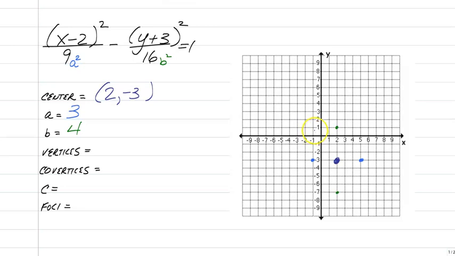And we do it from the corners, so it's going to look just like this. We're basically making a rectangle around where our vertices and covertices are. And then we also have, as I mentioned earlier, our diagonals that go through. And these are our asymptotes that we are going to follow in a way for our hyperbolas.